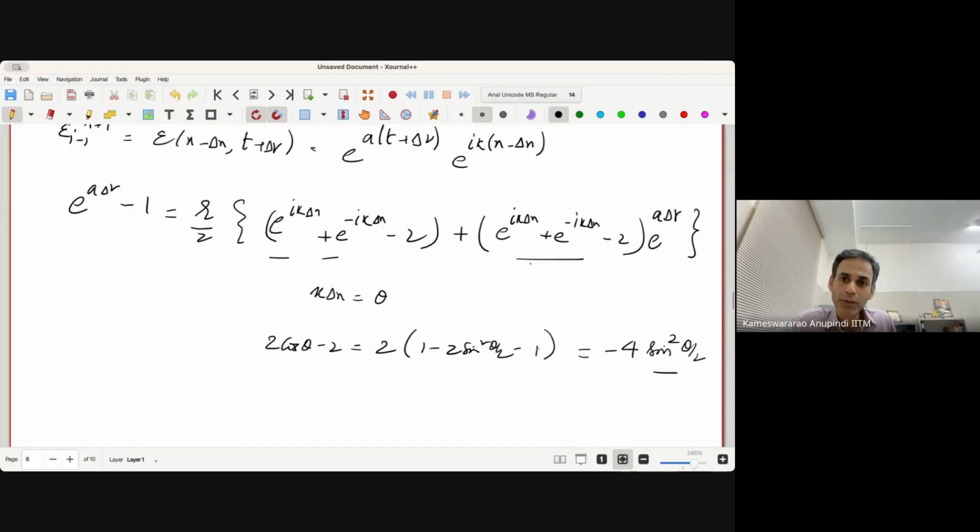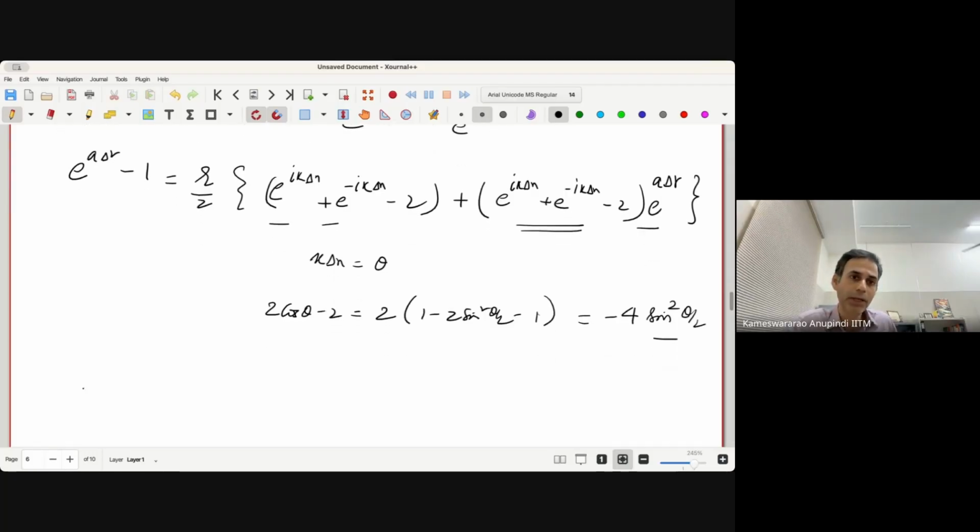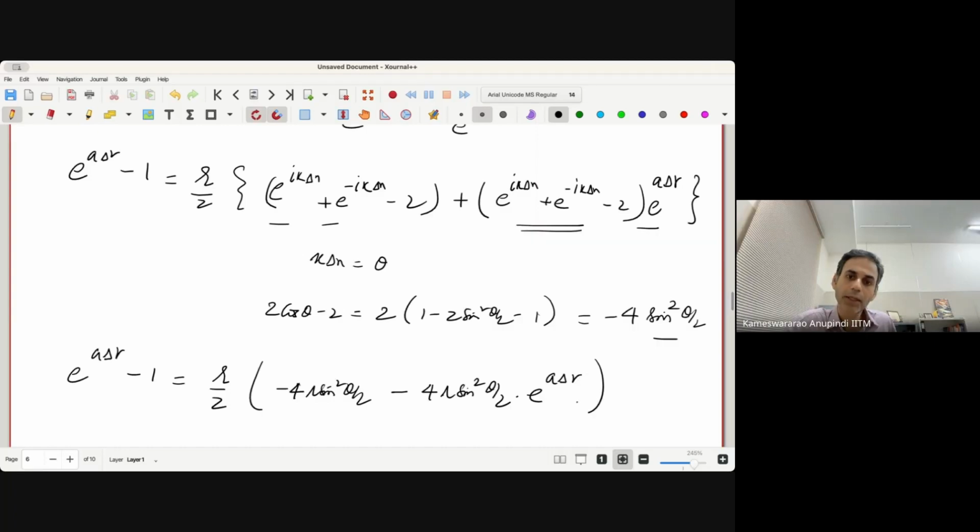So this also will give you minus 4 sine square theta by 2, but with a multiplication with e to the power a delta t. So if you write here e to the power a delta t minus 1 equals r by 2 times, we're going to get minus 4r sine square theta by 2 minus 4r sine square theta by 2 times e to the power a delta t.